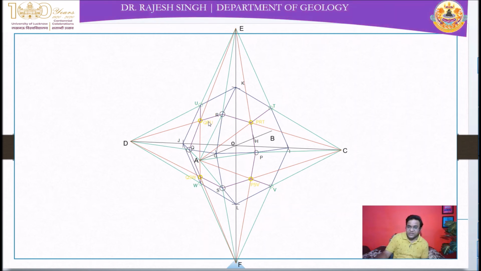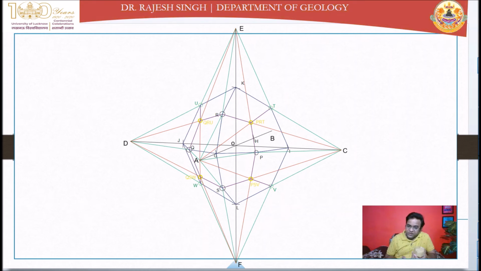Otherwise you have to generate the points PQ, RS and these threefold points, PRT, QRU, QSW and PSV. So a lot of work remains for the back, and only drawing the front face will be sufficient for the trapezohedron. Now I am going to first discuss the Miller indices of the faces.